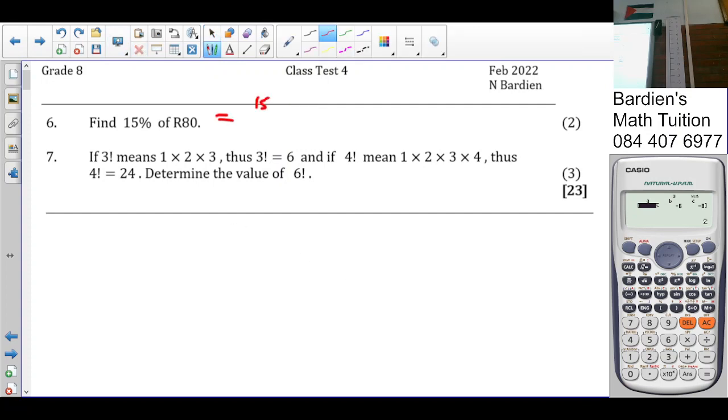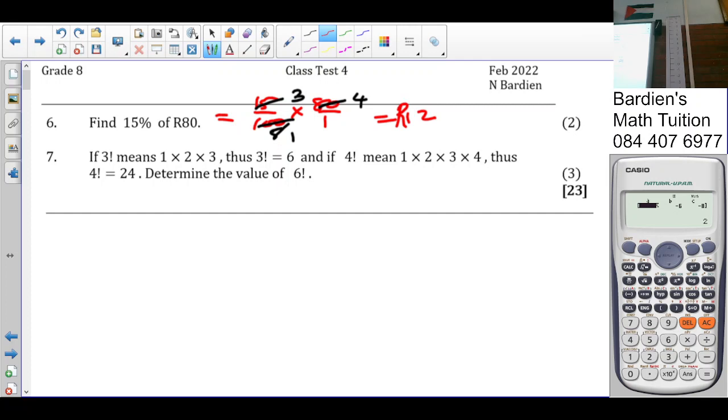It's going to be 15 over 100 multiplied by 80 over 1. 20 goes into 100 5 times, 20 goes into 80 4 times. 5 into 5 once, 5 into 15 3 times. 3 times 4 is 12. So it's simply 12 rand.